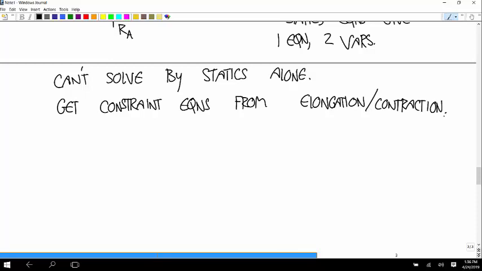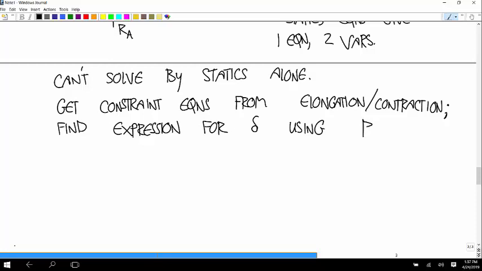Okay, so now we need an expression for that delta. So we're going to find an expression for delta that uses these variables RA and RB.